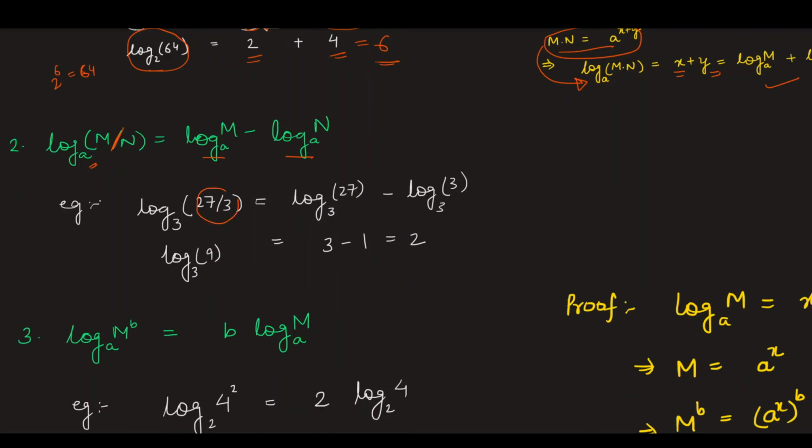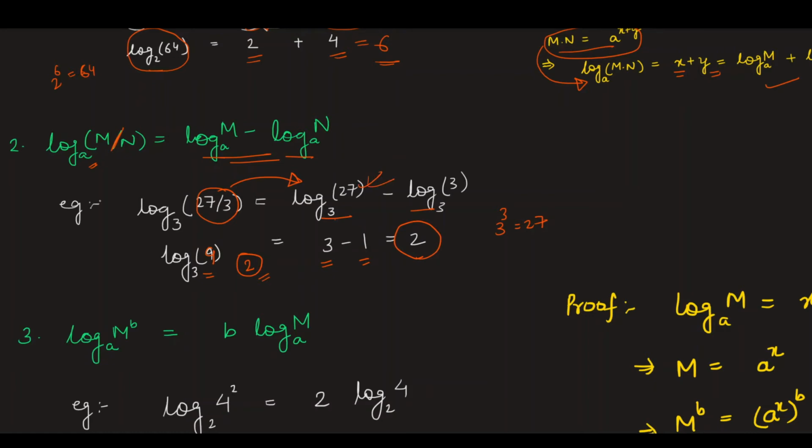We know 27 by 3 is actually 9, and log 9 to the base 3 is 2. But if we apply this property, we can write this as log 27 minus log 3. Now log 27 to the base 3 is actually 3, as 3 to the power 3 is 27, and log 3 to the base 3 is 1. So we are getting 2 here and 2 here.